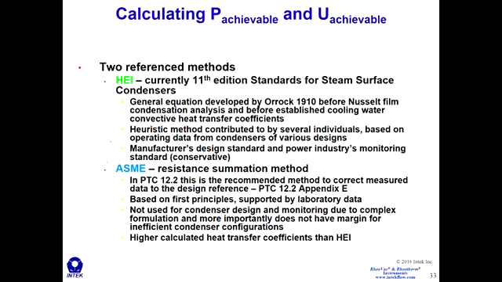The other method is the ASME resistance summation method. This is important too. It should not be ignored, but really the application for this method is when you're conducting a performance test code test, such as a newly installed condenser running a PTC 12.2 test. You would need to know this method to correct your measured data to the design reference. I'm not going to go into this method. It's pretty detailed in the performance test codes. It's about an 8-page summary calculation, so it's quite complex, but it's used.